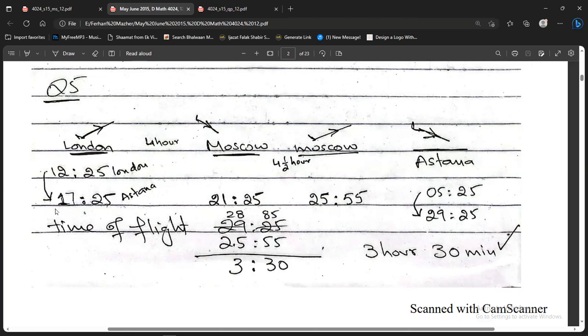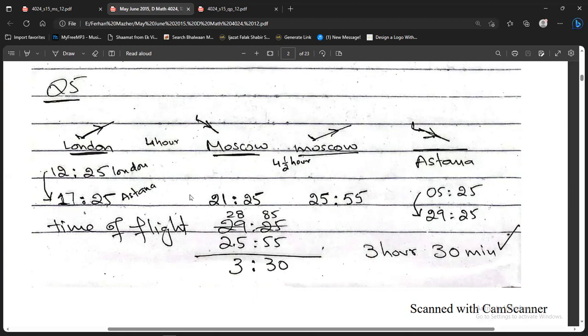Then the journey takes 4 hours, and the flight lands in Moscow. So in 17:25, if you add 4 hours, you will get 21:25. So when the flight landed in Moscow, the time in Astana will be 21:25.